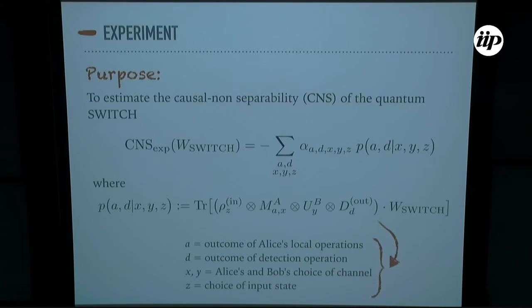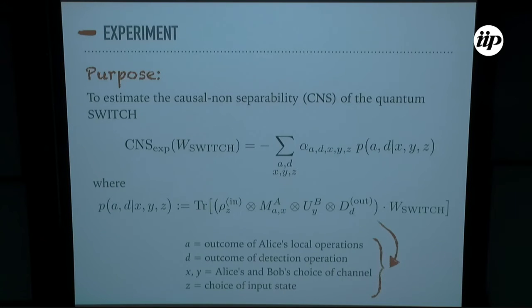And this is also what we did, because, as I will show you now, one of them performed a measurement operation and the other performed a unitary operation. This allowed us to obtain not only the information of what was happening outside, at the end of the quantum switch, in the detection stage, but also inside, through the measurement operation that Alice performed.